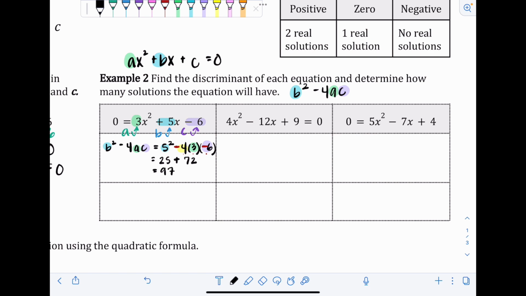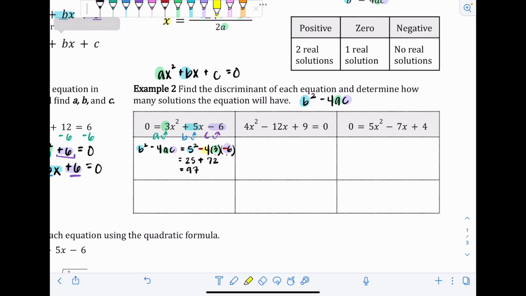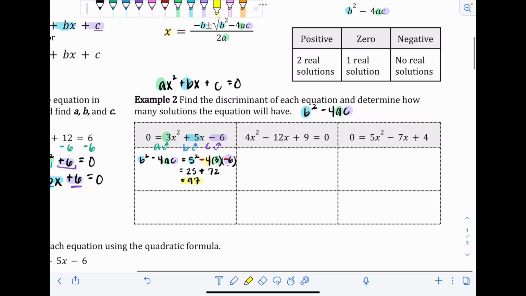And then when I'm working with the discriminant, I don't care so much what the actual number is, like the 97. I care more about whether it's positive, 0, or negative. So the instructions say find the discriminant and determine how many solutions the equation will have. So I found the discriminant, it was 97, and then I can go up to this table up here. 97 is a positive number, so that means this equation would have 2 real solutions.